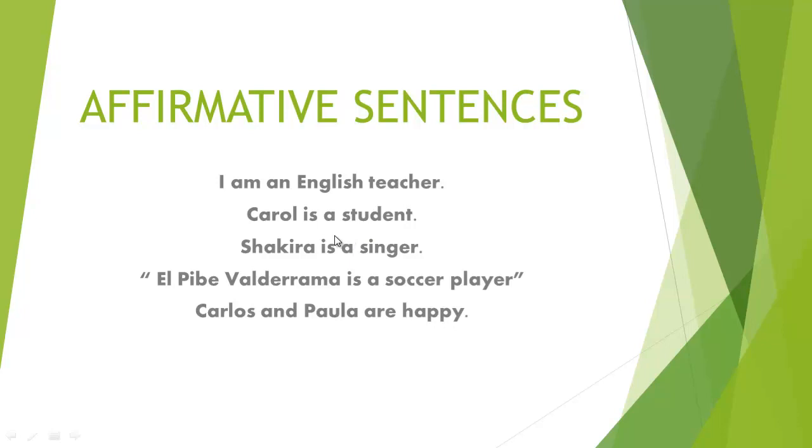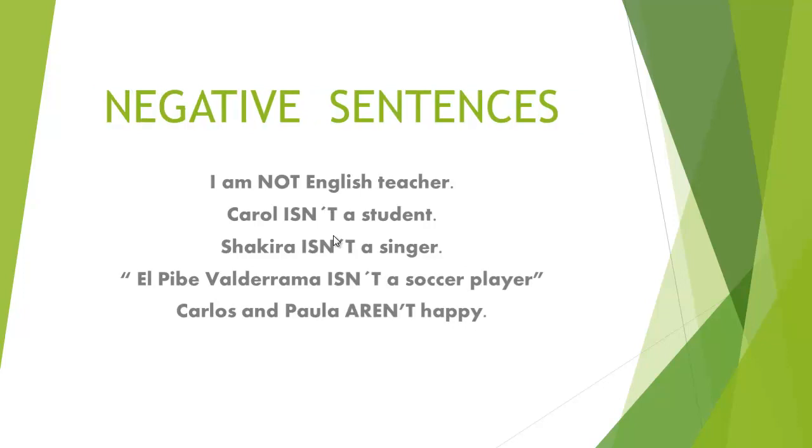Okay? So, those are the kinds of usage that we can think about when we work with the verb to be. And in the negative form, you have to remember that you need to get the negative form of the verb. You use contractions when you speak or when it's informal writing.